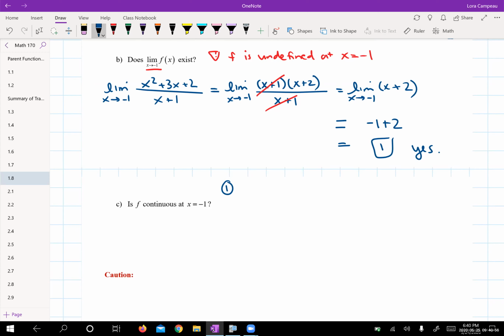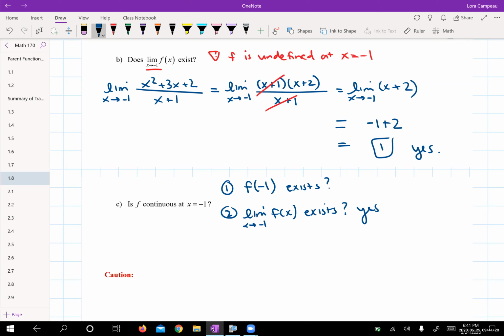Does the function exist at x equals -1? I know just from part B, we did know that the limit as x approaches -1 of f of x does exist.